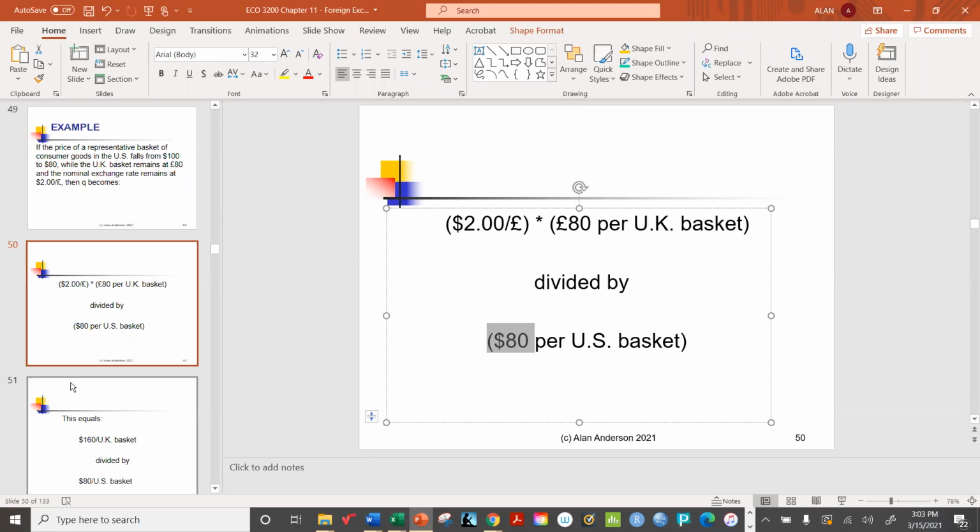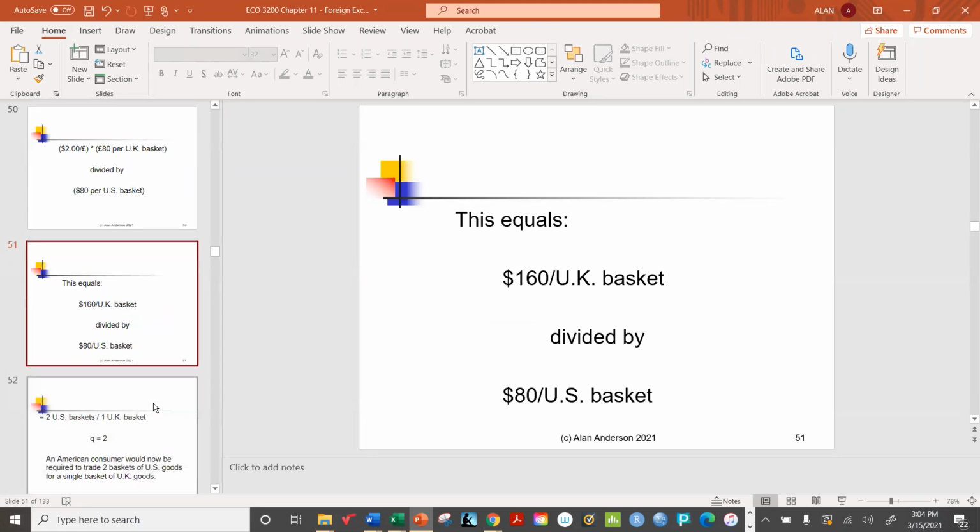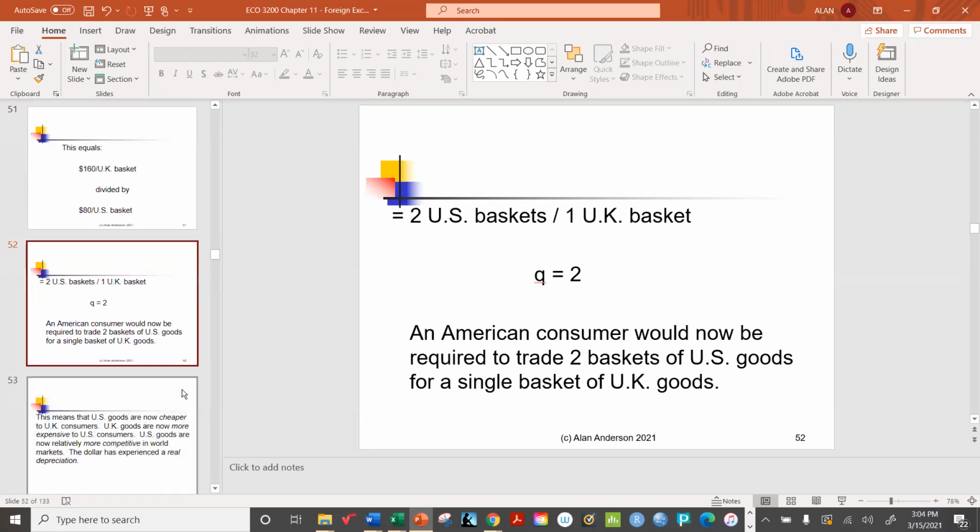So what does that leave us with? Well, in the numerator, by multiplying those numbers out, we still have $160 per UK basket, but now we're dividing it by only $80 per US basket in the denominator. You can do this in your head. Clearly, the real exchange rate is now not 1.6, but 2.